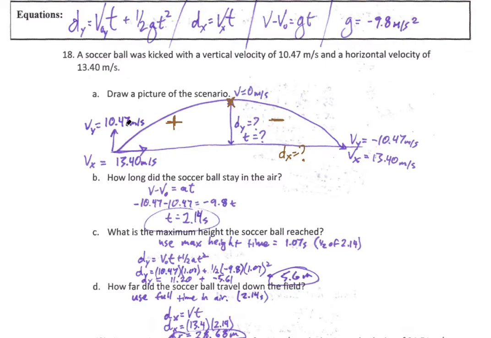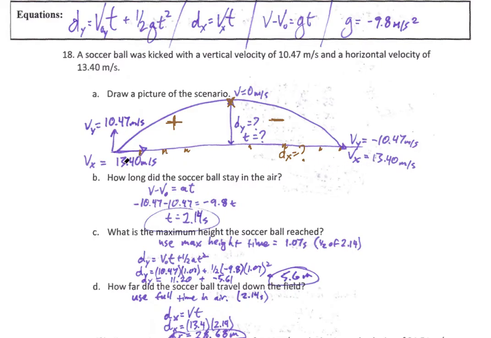All right. We know our velocity in the Y direction to begin with, so we also know our velocity in the Y direction to end with. It's the same number, just in the opposite direction, negative 10.47 meters per second. Now my velocity in the X direction is a little bit different. I actually know my velocity in the X direction at this point, at this point, at this point, at this point, every single point down here, because my velocity in the X direction is not dependent upon gravity.